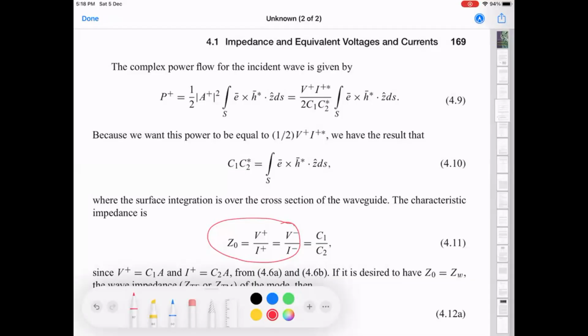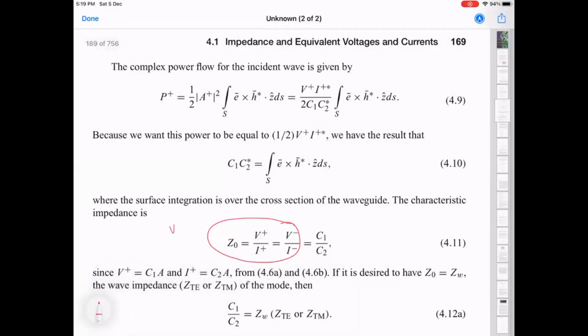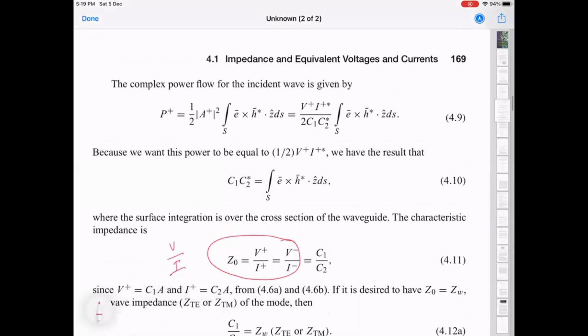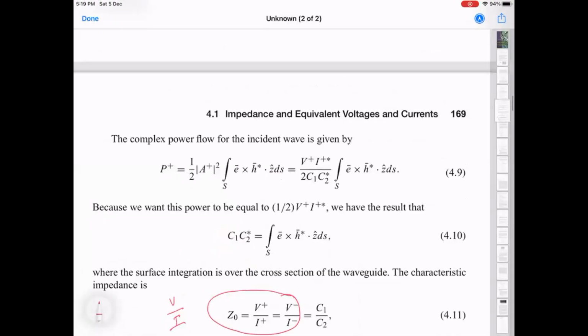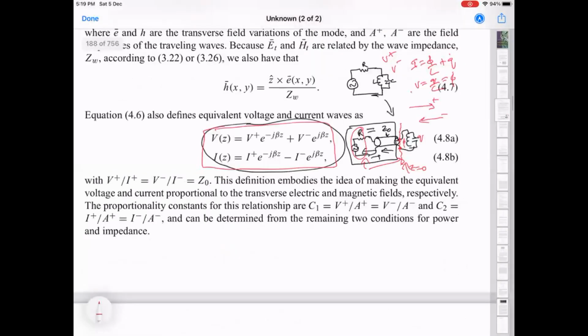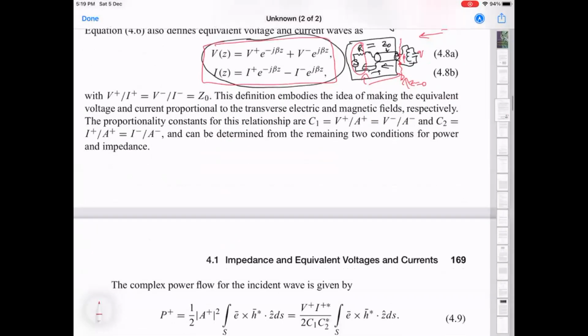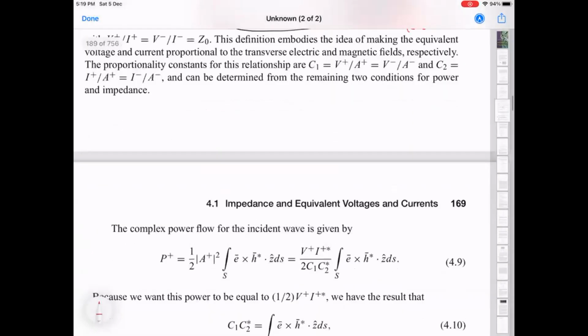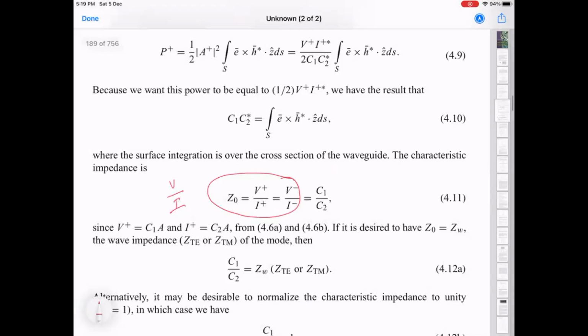So this is not V over I, where V and I are given by these relationships. It's V plus over I plus, or equivalently V minus over I minus. That is what the characteristic impedance tells you. It tells you the ratio of the voltage wave amplitude and the current wave amplitude at any point along the transmission line. This always has to be obeyed for this to work.